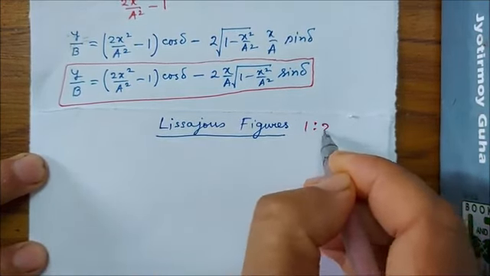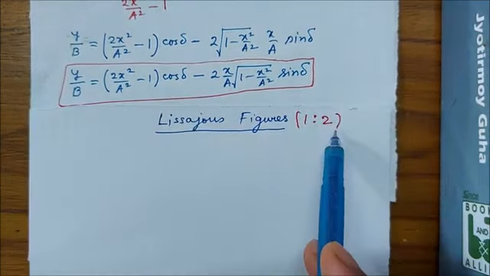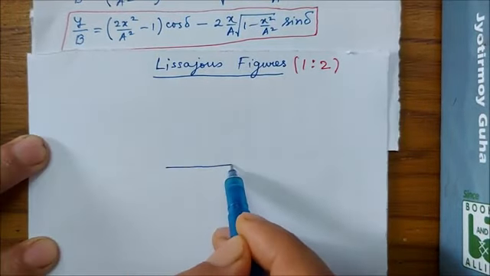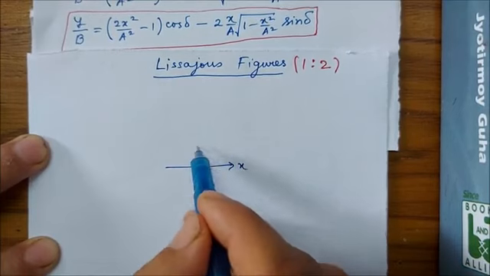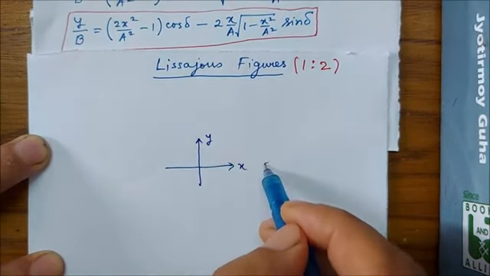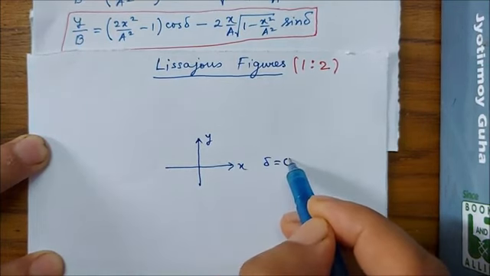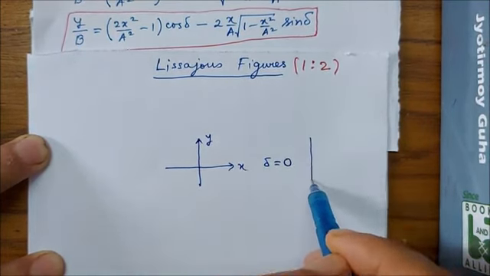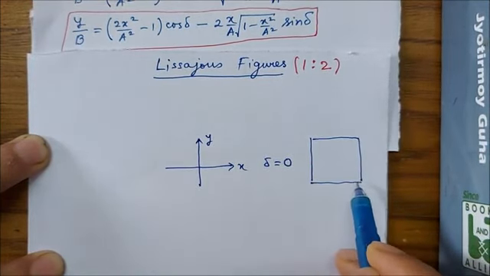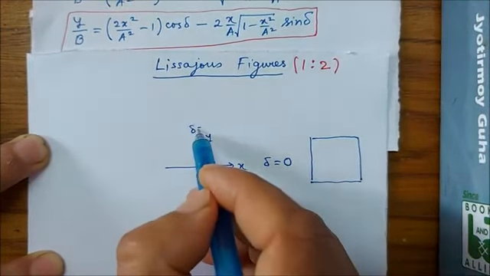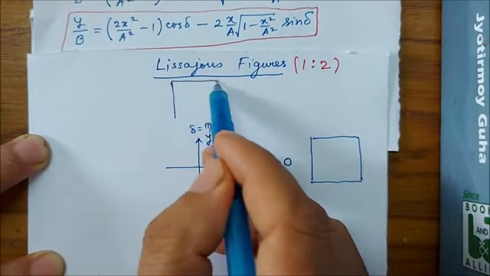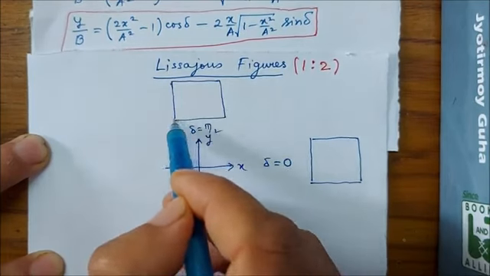Corresponding to frequency ratio 1:2 and represented by this equation. This is x and this is y. We'll show the Lissajous figures for delta equal to 0 here in this 2a by 2b box. For delta equal to pi by 2, we'll draw the Lissajous figure here in this box.